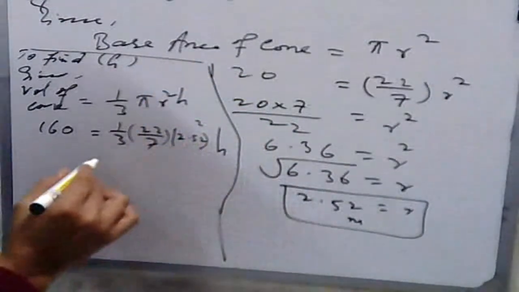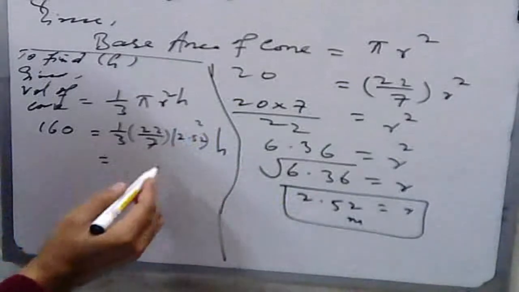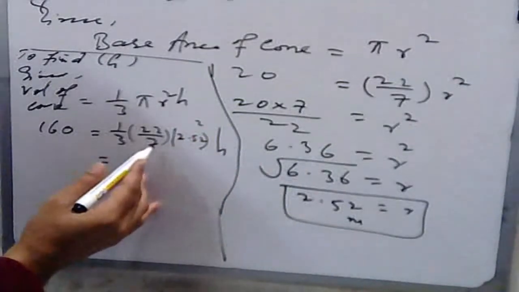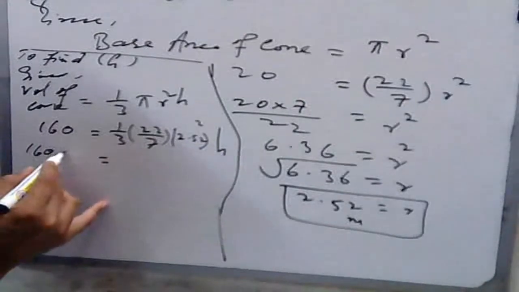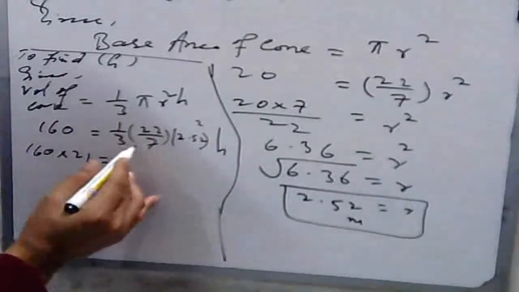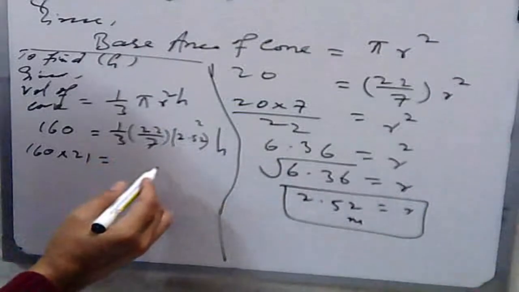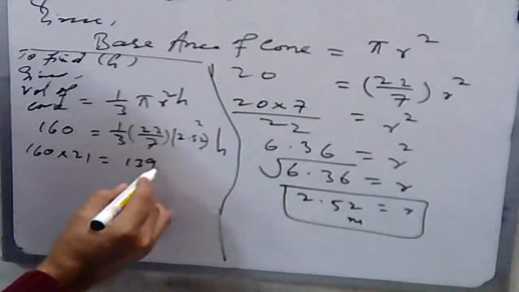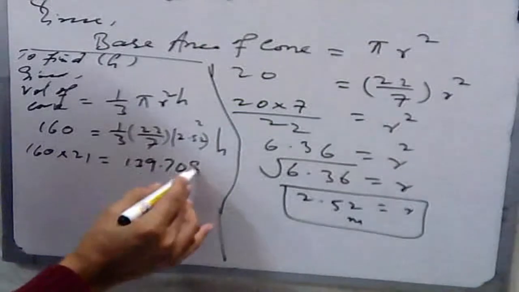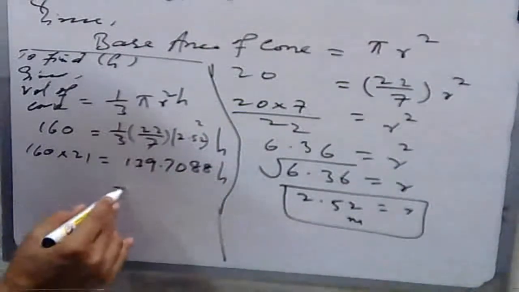By using cross multiplication, you can write 160 multiply by 21, since 7 3s are 21, and the right side is 139.7088 h.